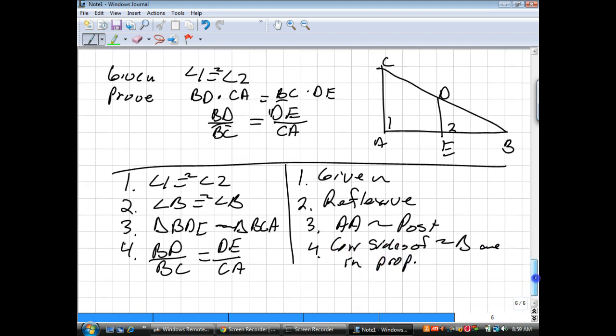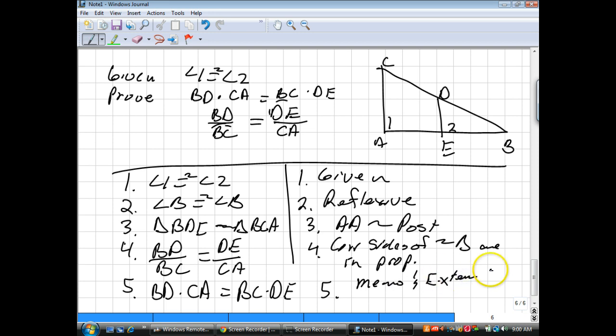Okay, and now using means and extremes, doing the cross multiplying, we get the length of BD times the length of CA has to equal the length of BC times the length of DE. And you can either say means and extremes property, or you can just say a property of inequality.